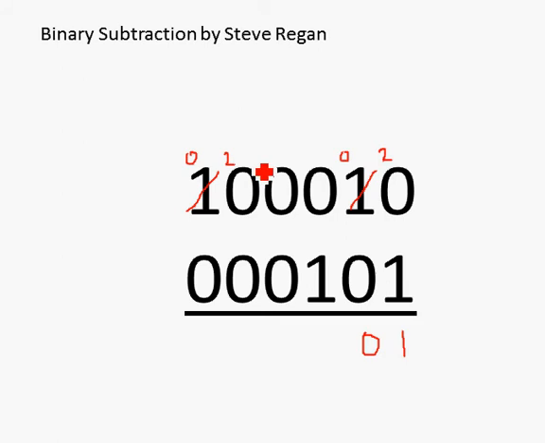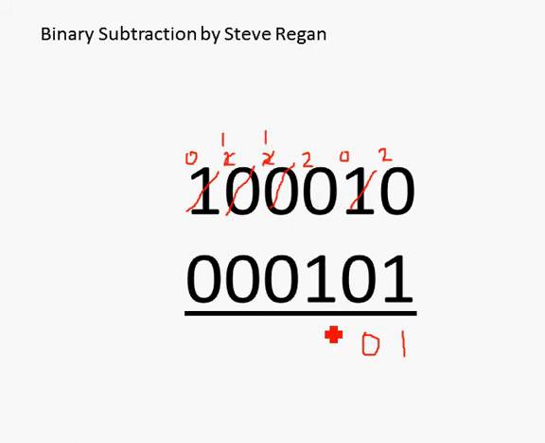Then we'd have to borrow from there, making that now 1, and taking that across here, and then borrowing here, which would make that 1. And now we can do the calculation.